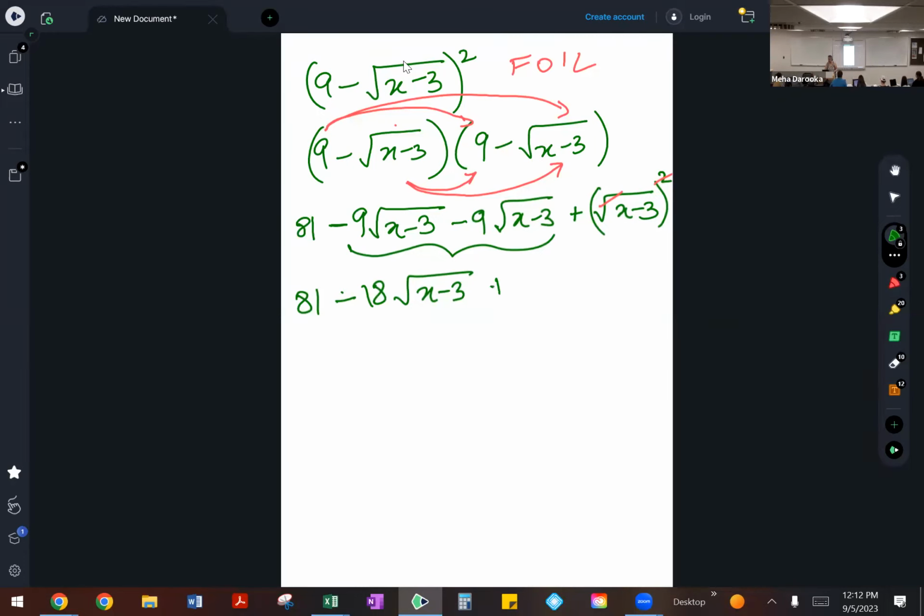And then at the end, square and square root canceled out, leaving us with x minus 3. So that again tells us we can combine the two constant terms together. 81 minus 3, minus 18 square root of x minus 3.